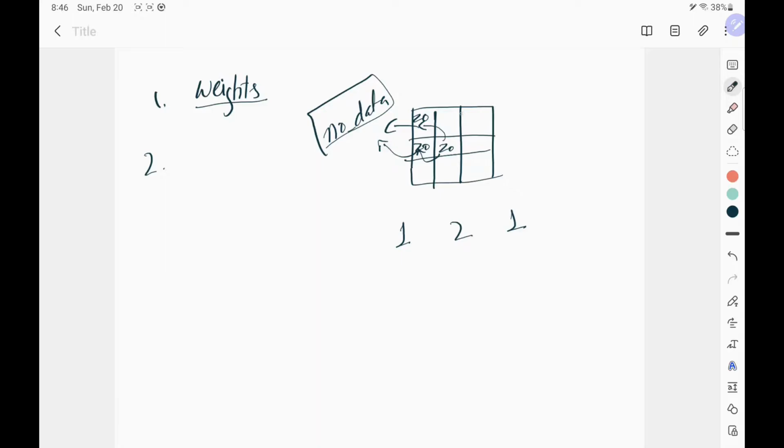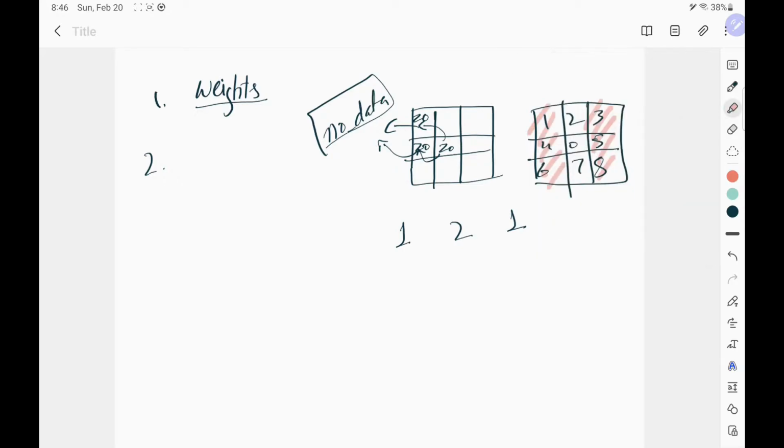So let's say you have cells like 1 2 3, 0 4 5, 6 7 8, and you are calculating slope in the x direction.